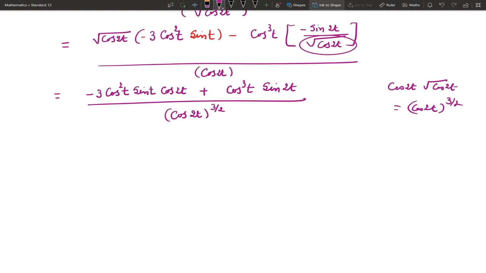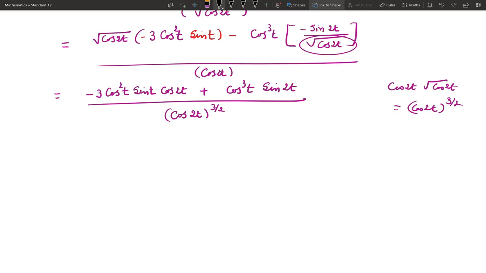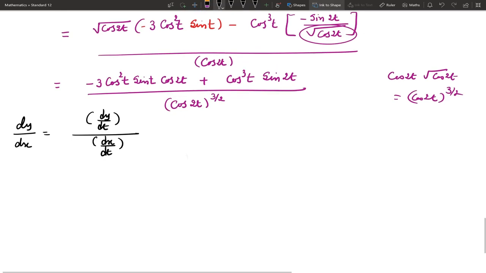Therefore, now dy by dx equal to dy by dt upon dx by dt.